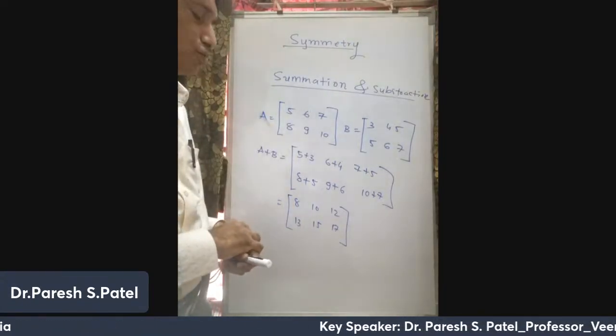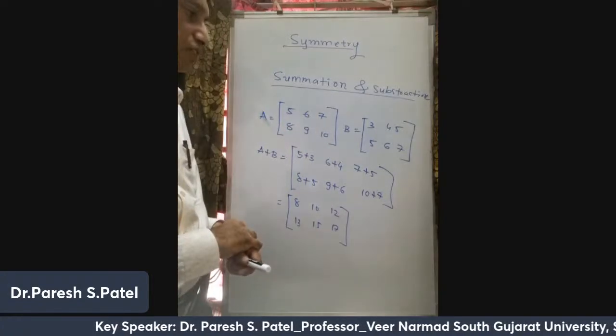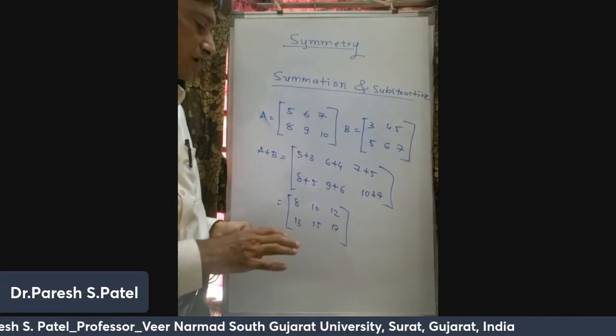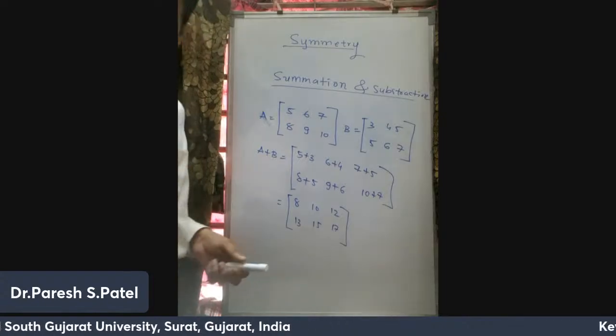The summation of any two matrices is possible if the numbers of rows and numbers of columns of both these matrices are the same, or we can say the dimensions of both these matrices are the same. Then and only then can the addition or summation be possible. Similarly, subtraction.